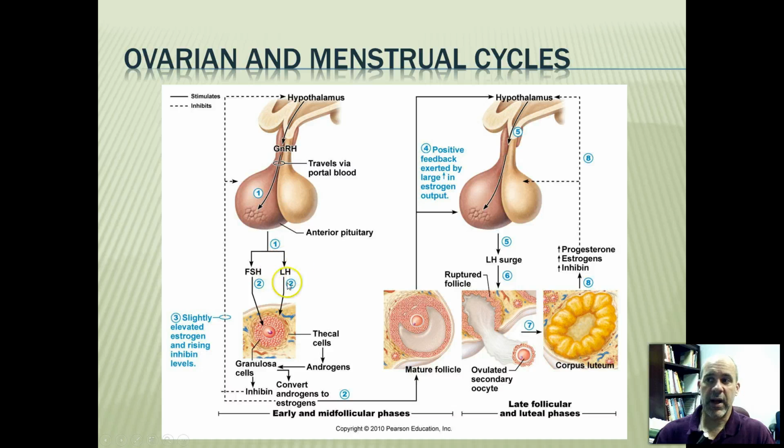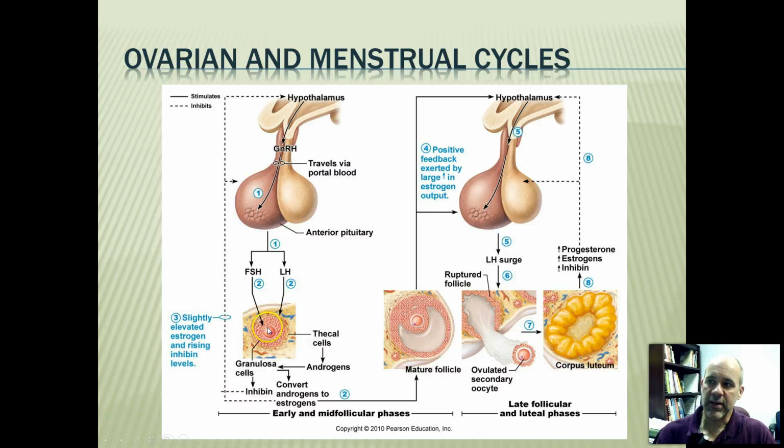And then LH, so remember LH in males is stimulating interstitial cells to make testosterone. In females, one of the things LH does is it's responsible for stimulating estrogen production. And it's kind of a little bit of a convoluted process. You have some cells that are connective tissue cells around the outermost part of the follicle called thecal cells, and they actually produce androgens, which are male sex hormones.